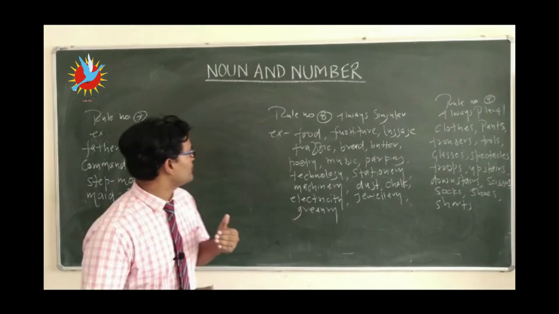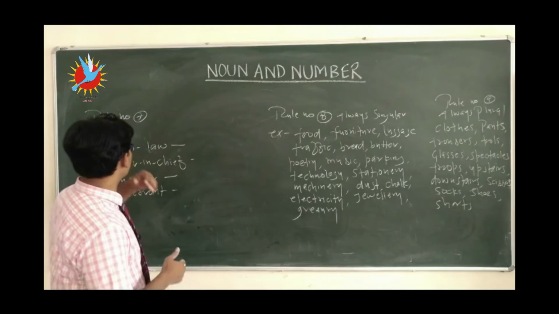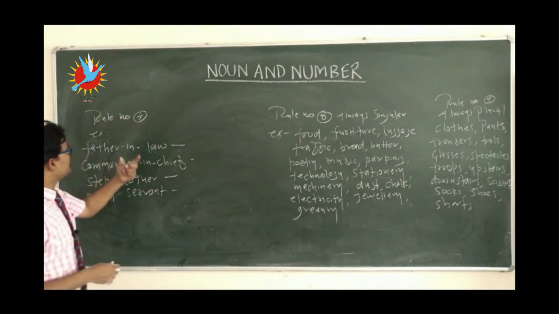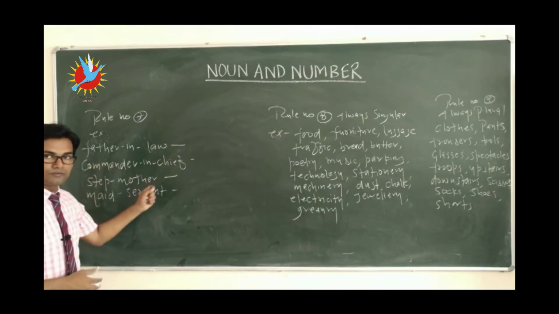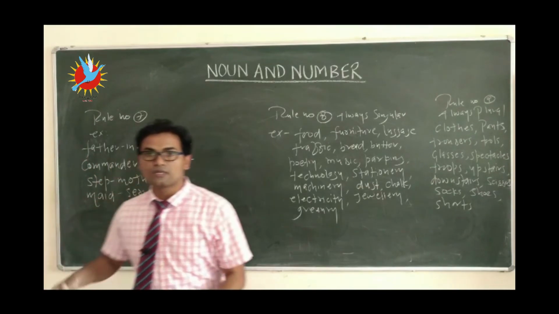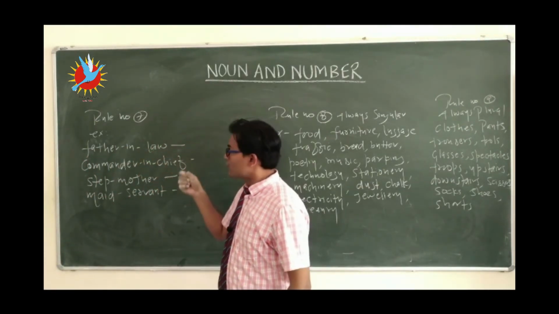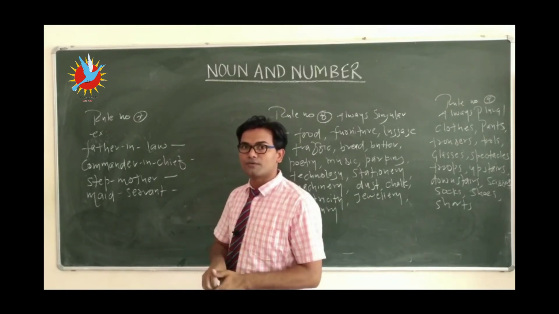Well, we should talk about rule number 7. So let's see what rule number 7 is talking about. It tells that if we have a singular compound noun, remember, if we have a singular compound noun, then we need to add s in the main word of that noun.